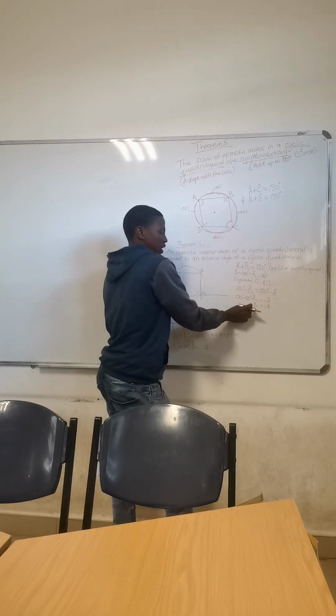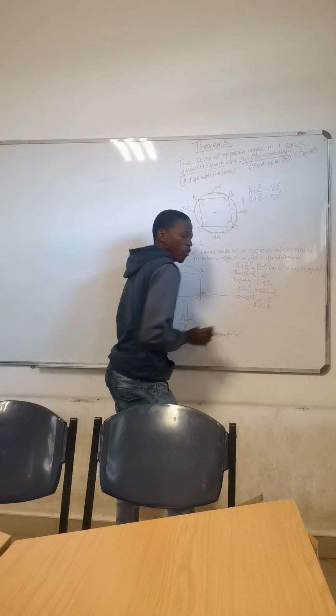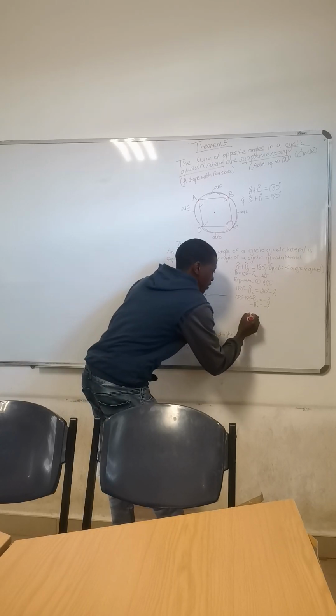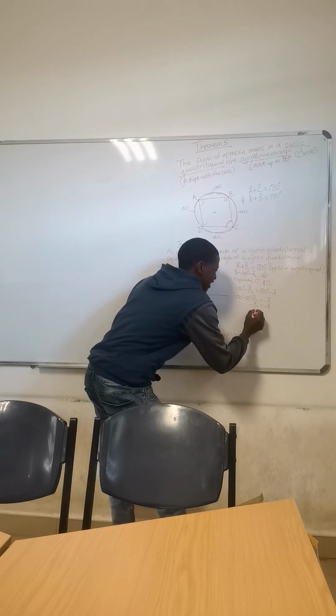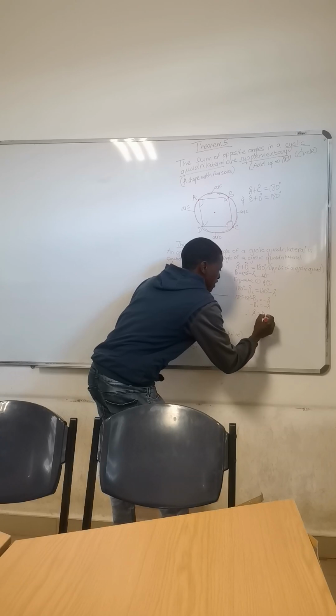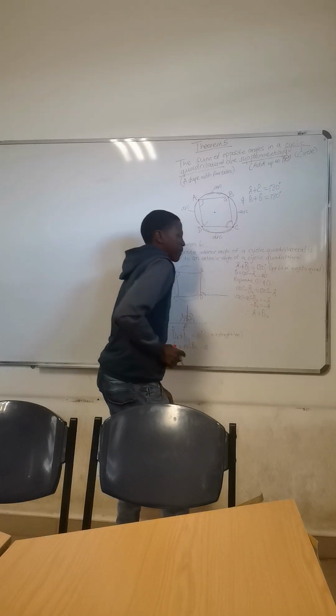A must come on your left and D on your right. Therefore, angle A is equal to D2.